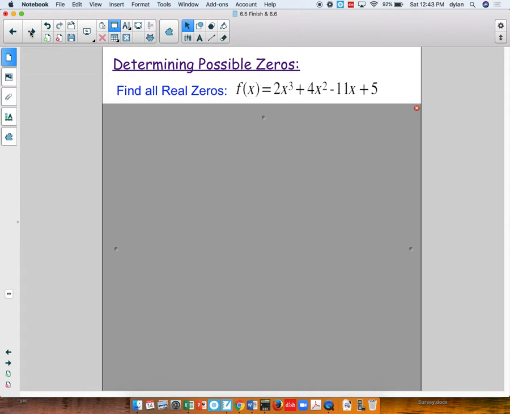What we looked at last section is that you can use synthetic division to check numbers. You can do synthetic division with different possible values to see if they are in fact zeros. But we don't want to just guess at infinitely many possible numbers. We need some way of narrowing that down so that we have just a few numbers to guess from, and then we can guess and check with synthetic division.